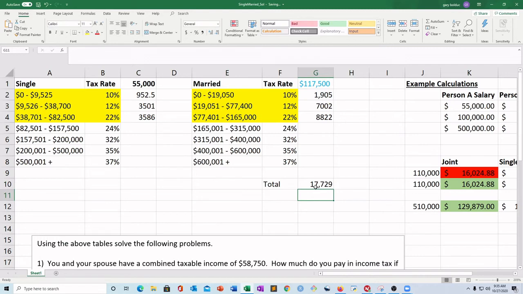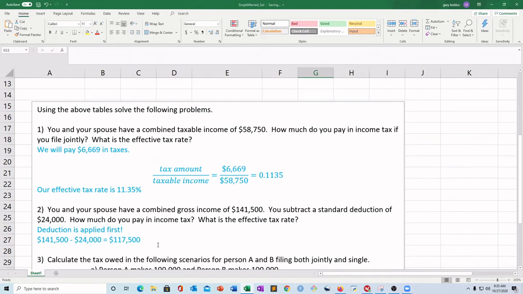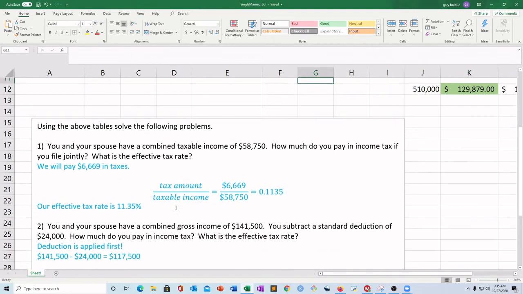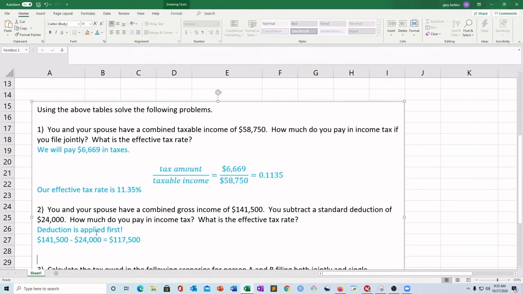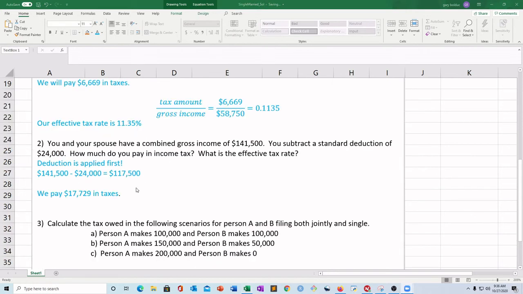I pay $17,729. So let's bring that down. We pay $17,729 in taxes. So what about our effective tax rate?